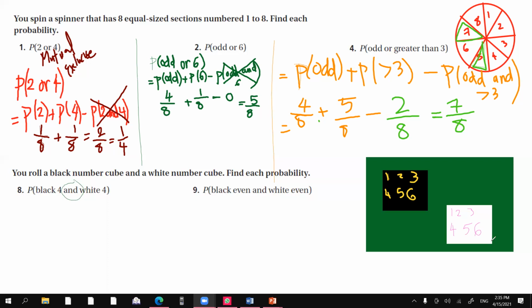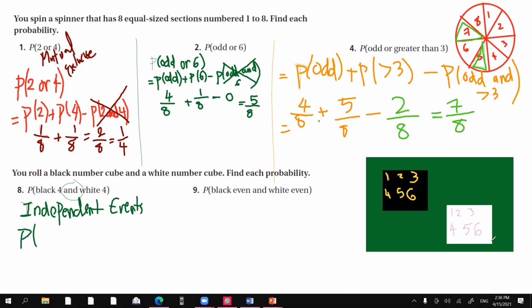So because of that, I will say these are independent events. This is the first step. So independent events, and it means multiply.